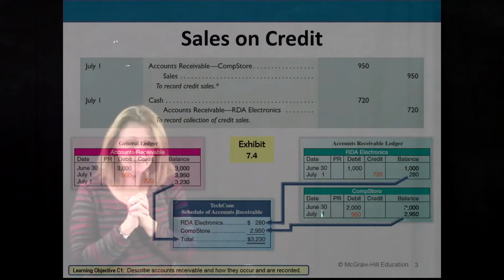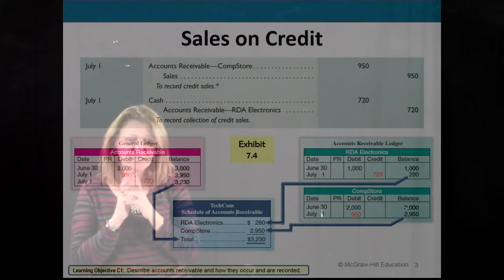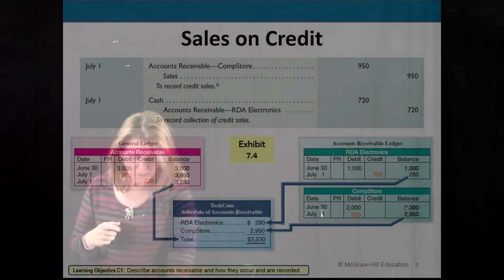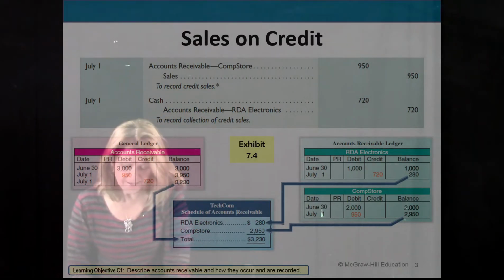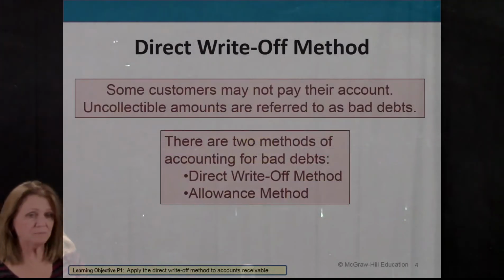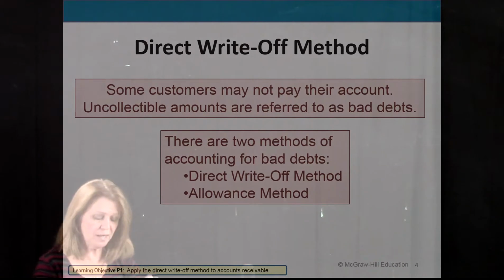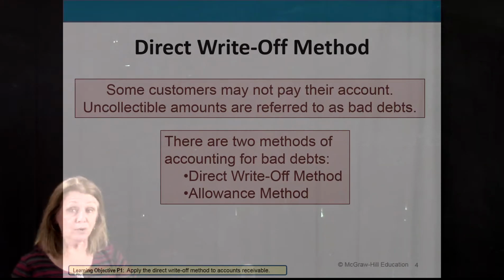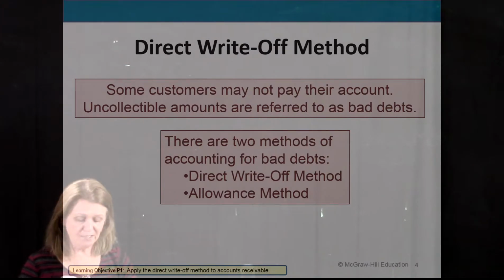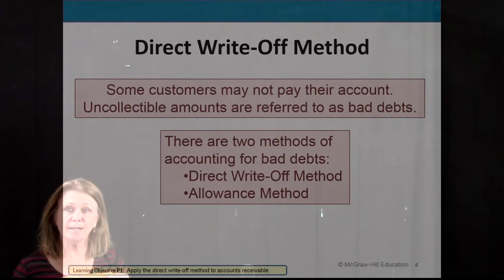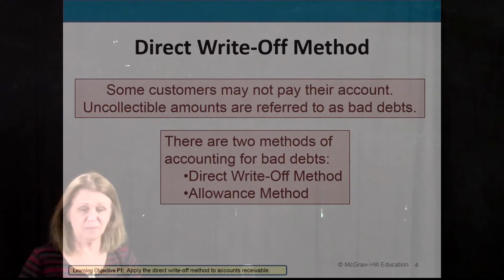So sales on credit: debit accounts receivable, CompStore, credit sales, and then when they pay it, you give them a credit on their accounts receivable. And so if a company calls you and says, we owe your company $500, but we are not going to be able to pay it, you just write that off directly, and you have a bad debt expense.